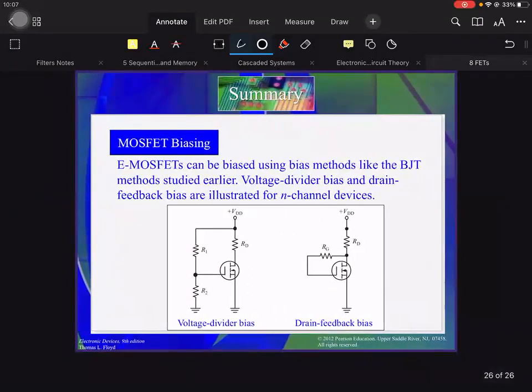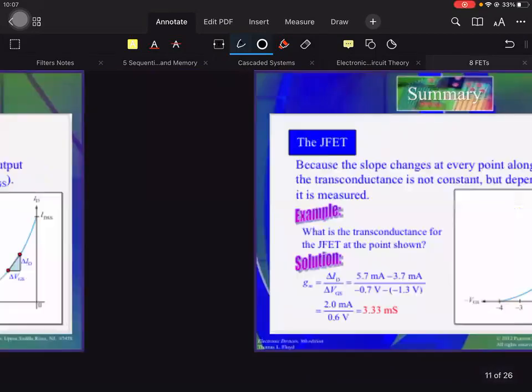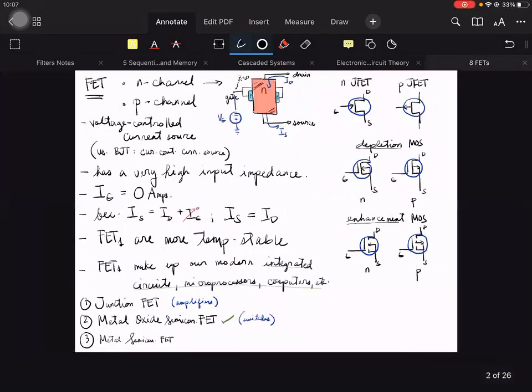Okay. So we'll try to solve at least one example for the DC biasing of JFET. And maybe next meeting, we'll try to compare the total DC and AC analysis of JFETs with that of BJT.